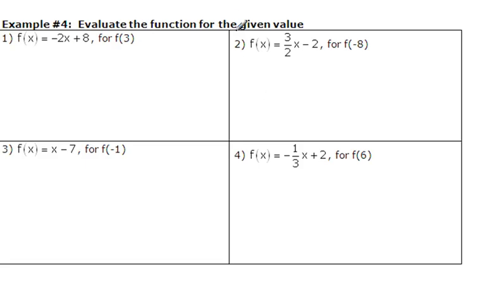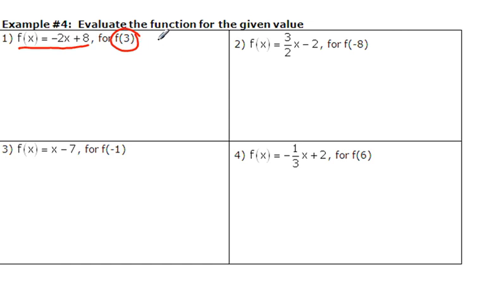Now let's talk about function notation. So number one, in example number 4, it says f of x equals negative 2x plus 8. So this is my function. It's asking me to evaluate the function for f of 3. This looks harder than it actually is.